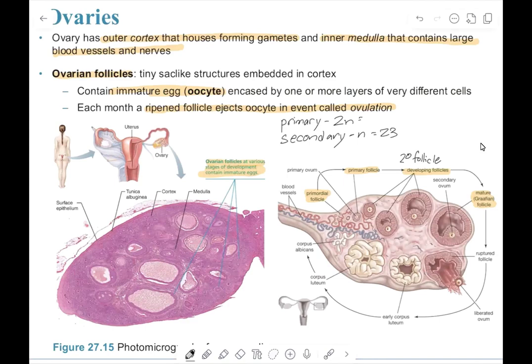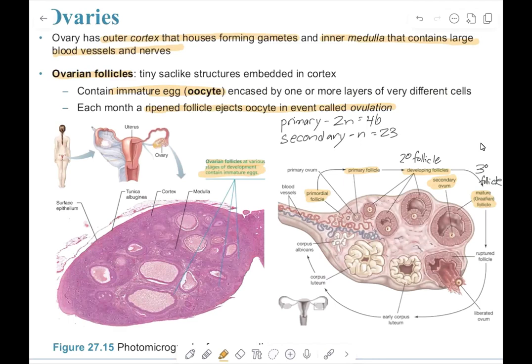The diploid 2N means there are 46 chromosomes. So within this mature Graafian follicle, which is also called the tertiary follicle, there is what's called the secondary ovum or the secondary oocyte. That now means that meiosis one has been completed, and we have a haploid amount of chromosomes that are present.